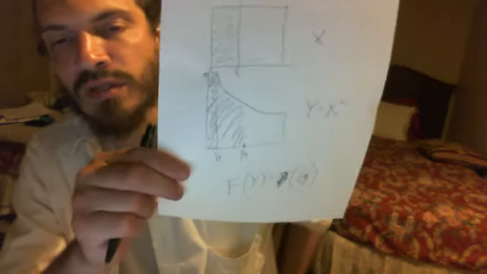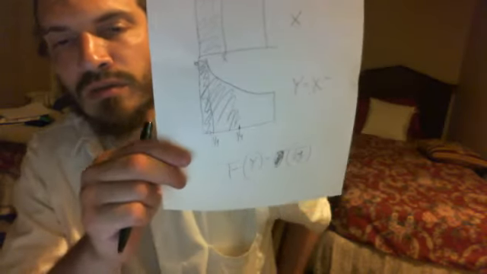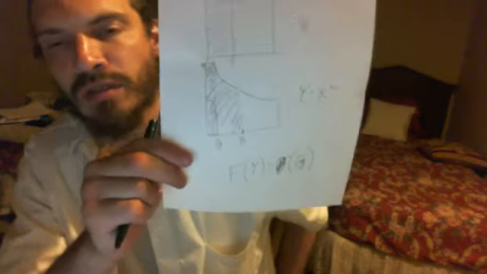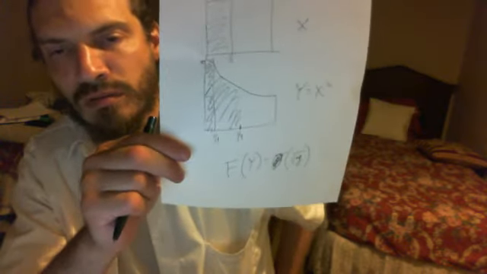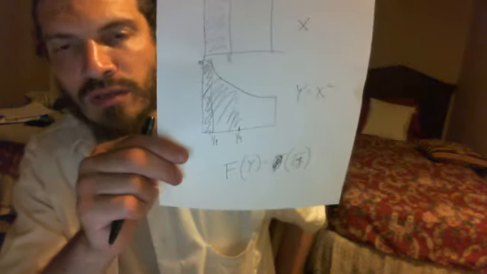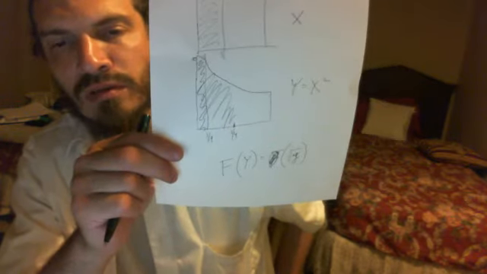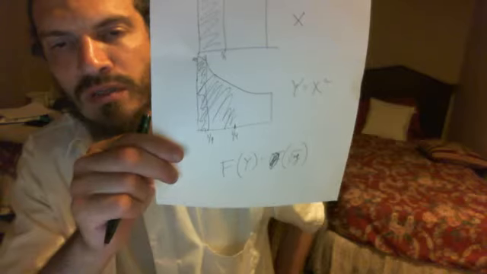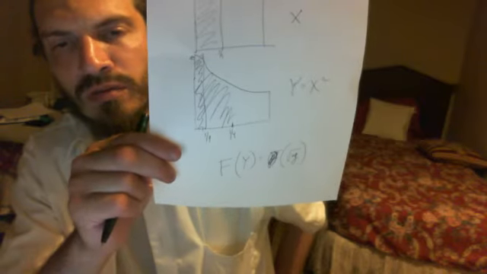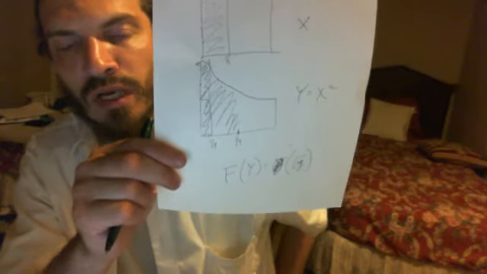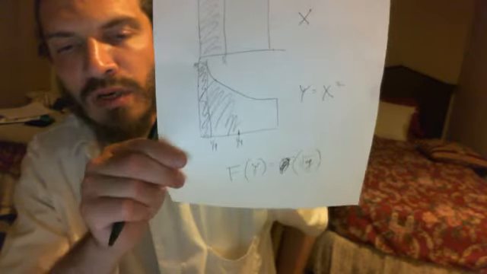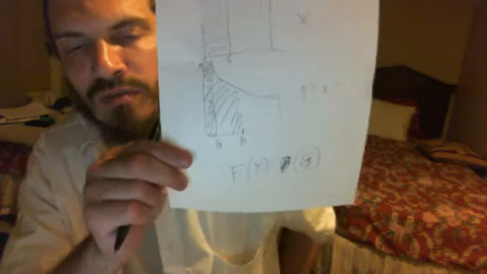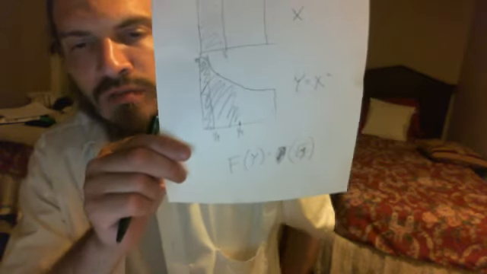This is the rule of this function. Y is equal to x squared. It's actually taking the reverse function of y is equal to x squared, and that is the root of y. X is equal to the root of y. Anyway, this is how we do it. And once we know already the capital F of y, we just do the derivative of that to find out the little f of y.